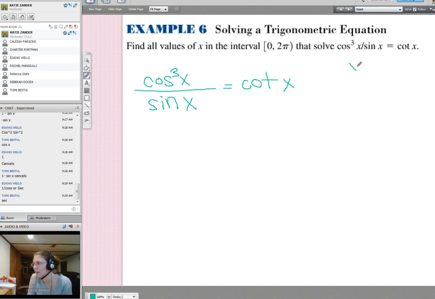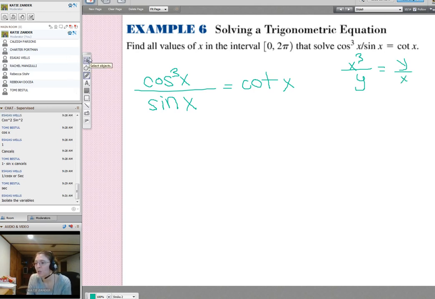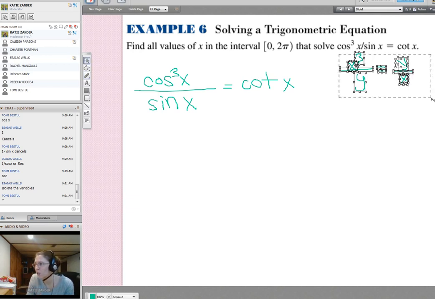So hypothetical. Something like that. You would try to isolate the variables, right? You try to get them maybe to one side or separate them some sort to help you try to solve that.